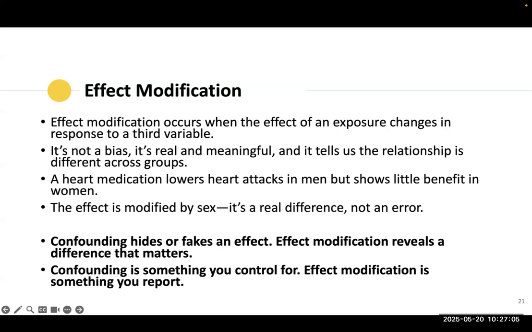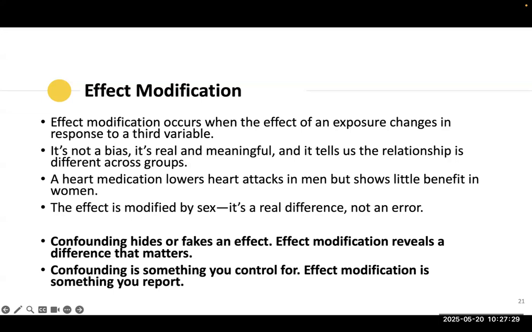That means the drug effect is modified by something that has to do with being male. So that's a real difference. It's not an error. My little quotes here: confounding hides or fakes an effect. Effect modification reveals a difference that matters. Confounding is something you control for, and effect modification is something you report.